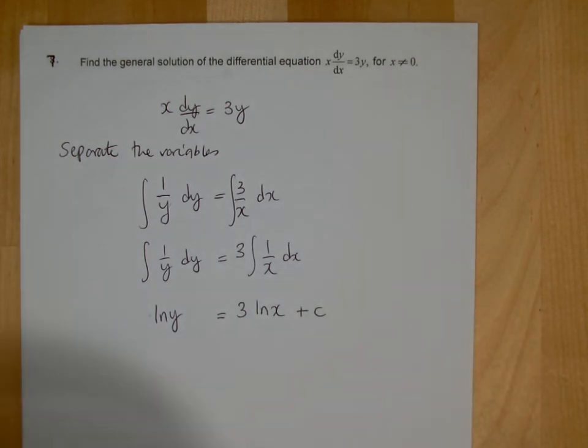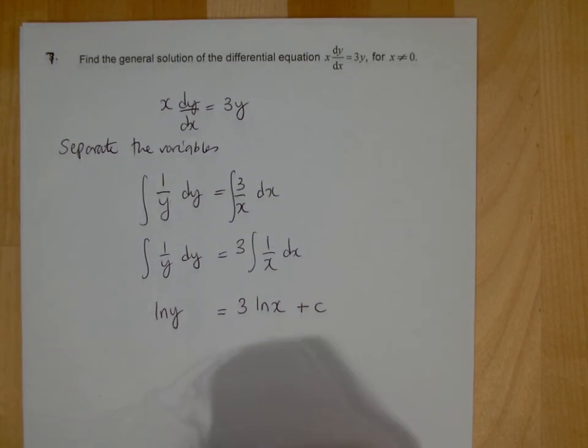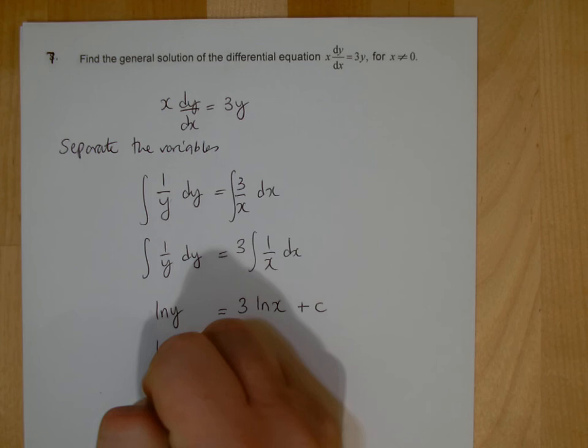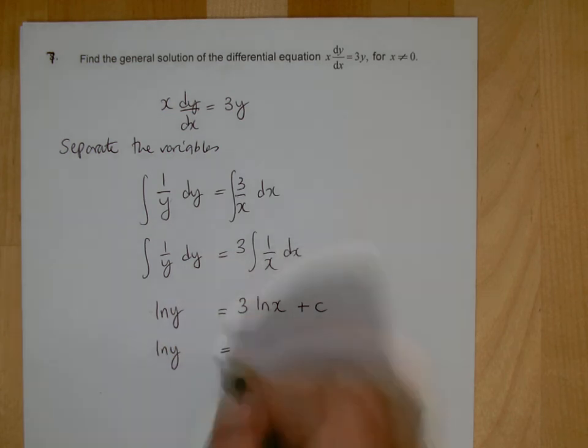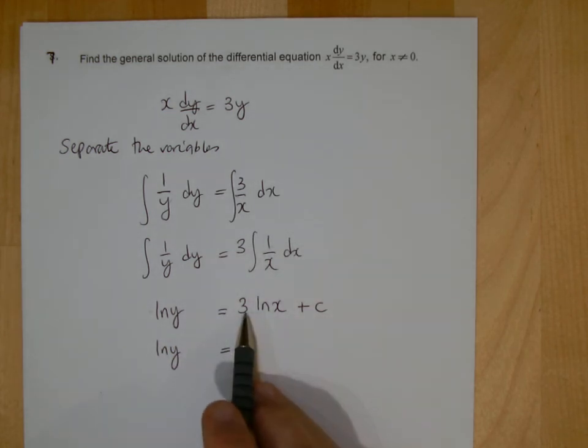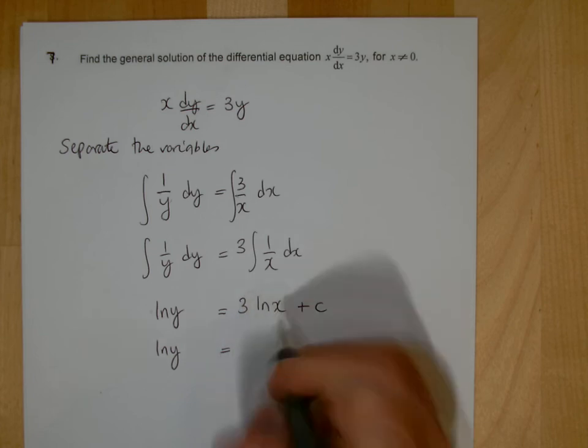Now when we get a situation like this and we want to work out what y is equal to, again we can be slightly clever in our approach. The first thing I would do here is to use some rules of logarithms. Because this here is 3 ln x, and there's a constant times ln x, remember the third rule of logarithms, you can take that 3 up and it becomes a power.